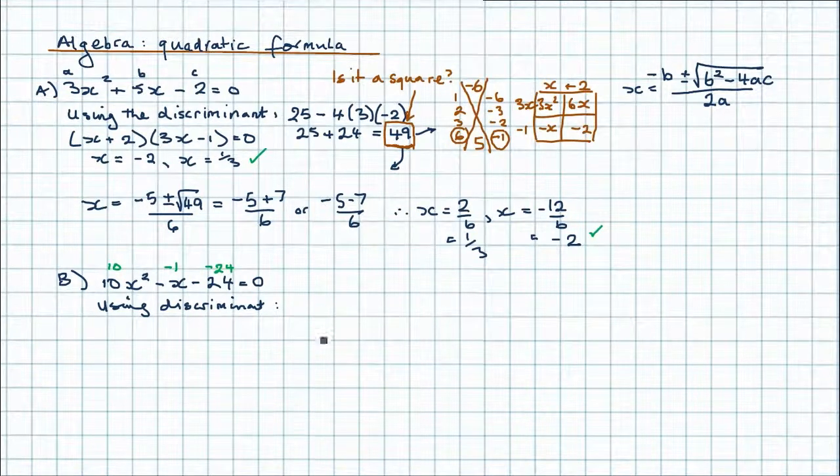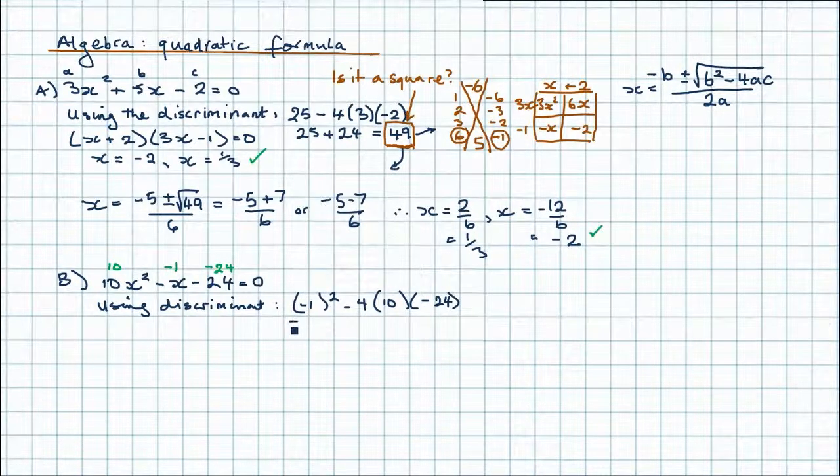Okay, so b squared is minus 1 squared. So I might as well do it like this: b squared minus 4 times 10 times the last one, minus 24. And what's that?